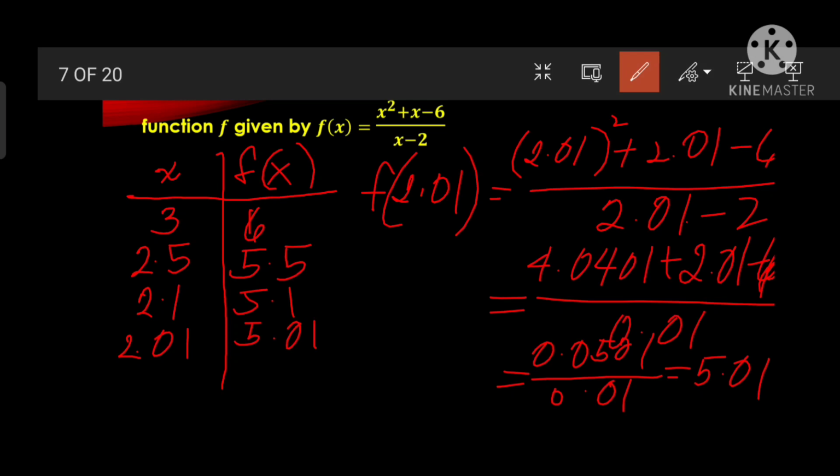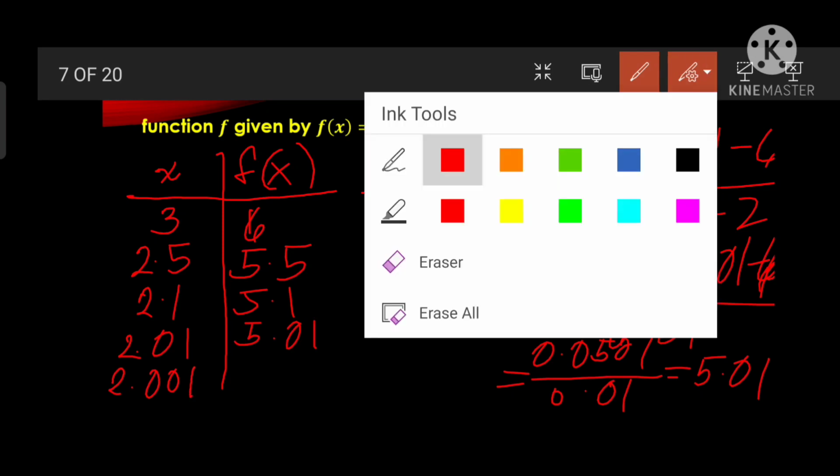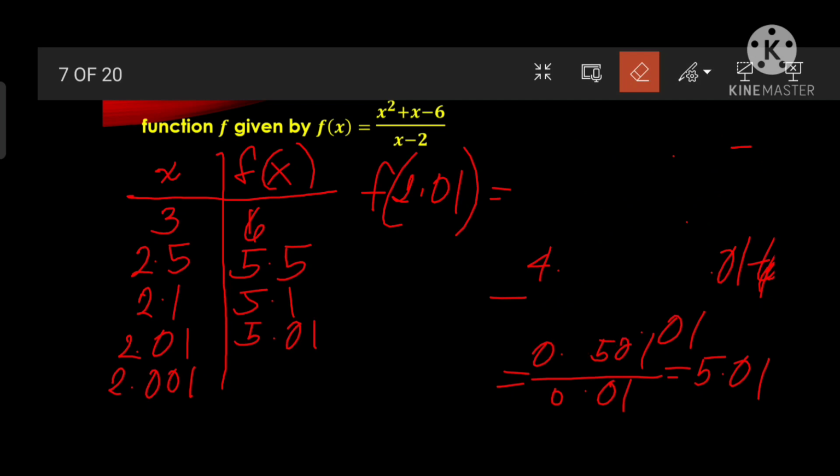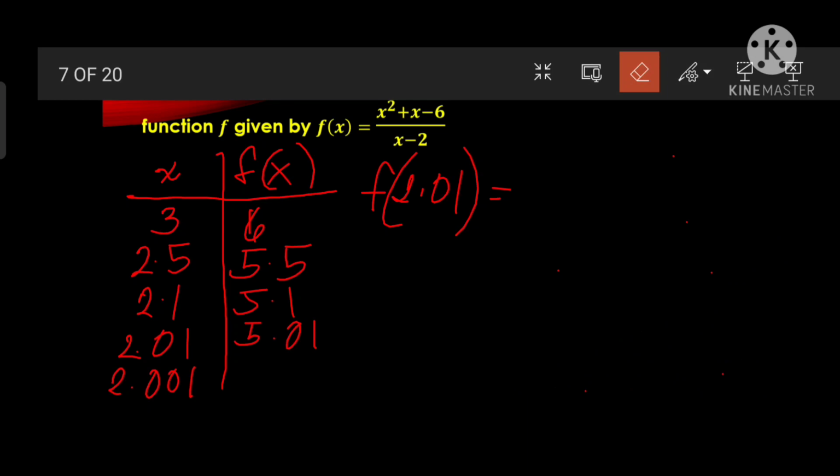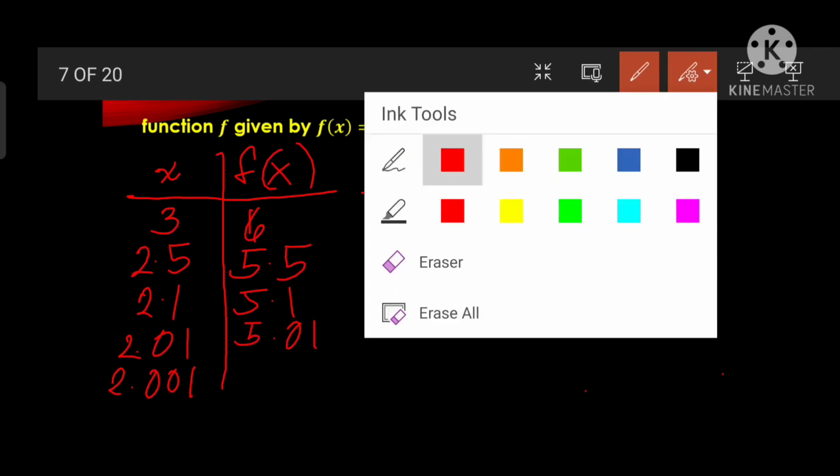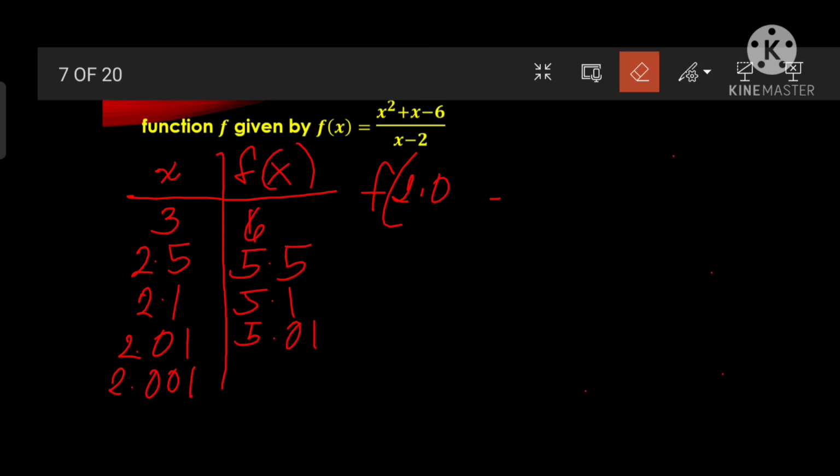So a little bit smaller than 2.01. We have 2.001. Hopefully the space will be enough.